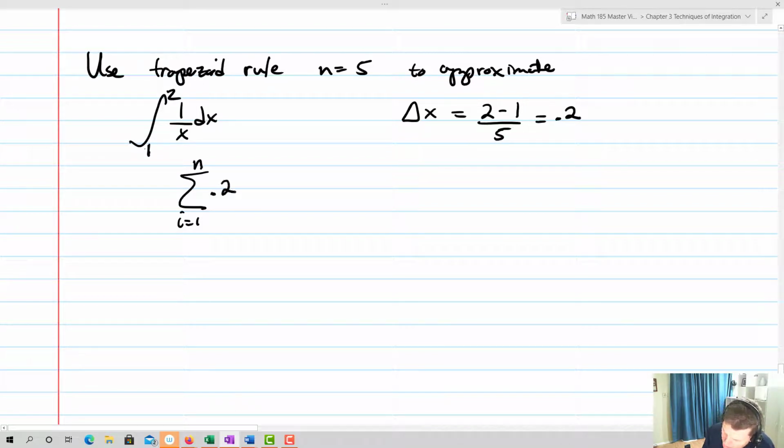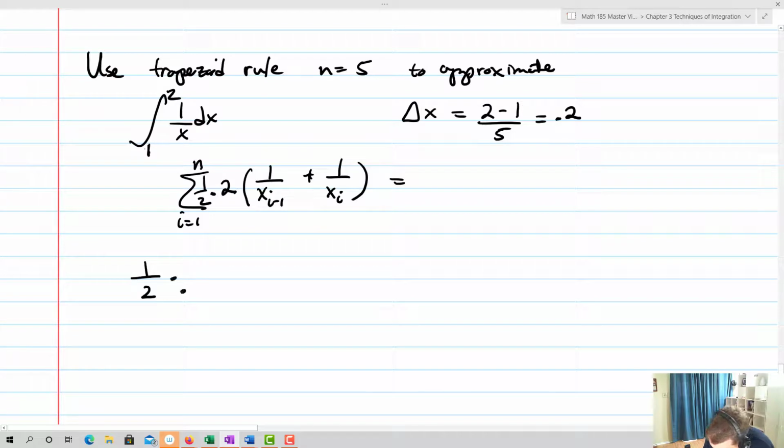So it'll be 0.2 times 1 over xi minus 1 plus 1 over xi, times 1/2. Excuse me. So this will equal 1/2 times 0.2, and now we can do that summation.